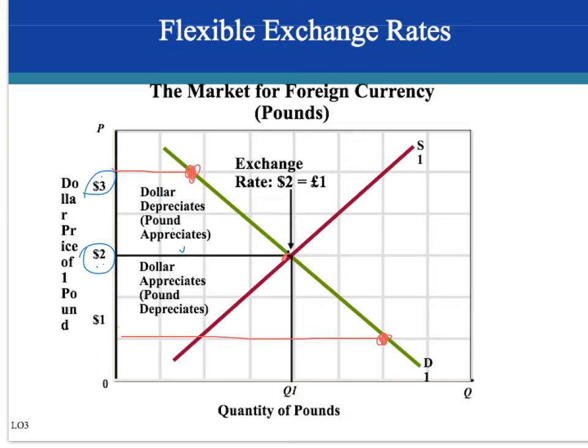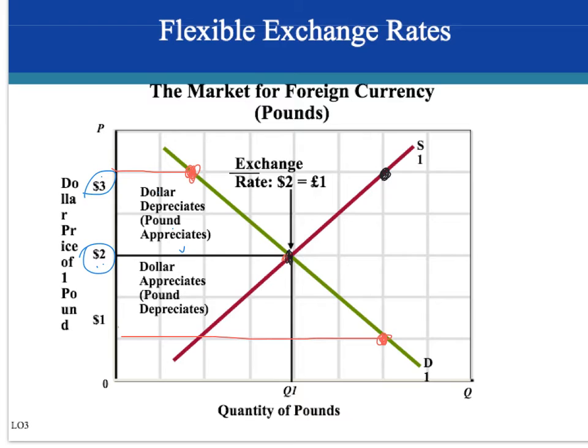Okay, so here we have the supply of pounds, and so it's upward sloping. Why? Because let's say we start off at $2 for a pound, and then the dollar depreciates against the pound, and now it takes $3 to buy a pound.